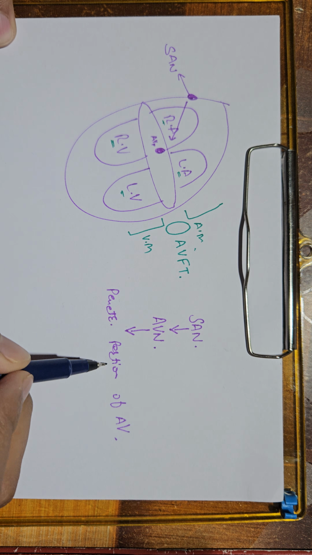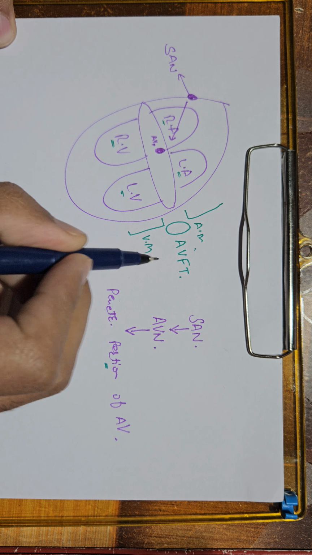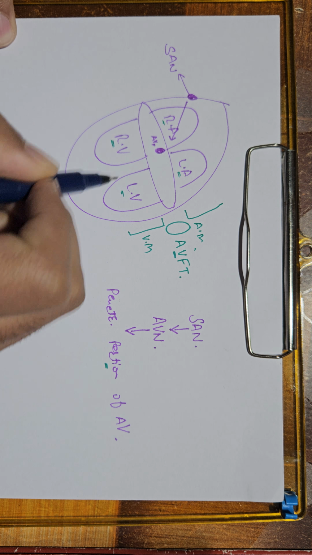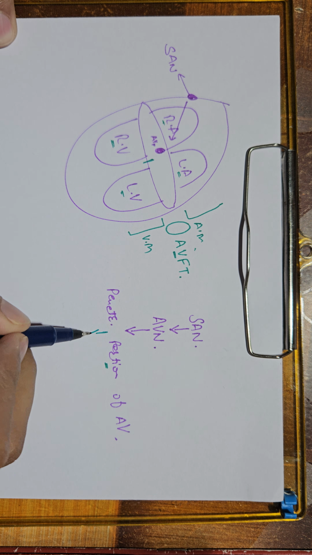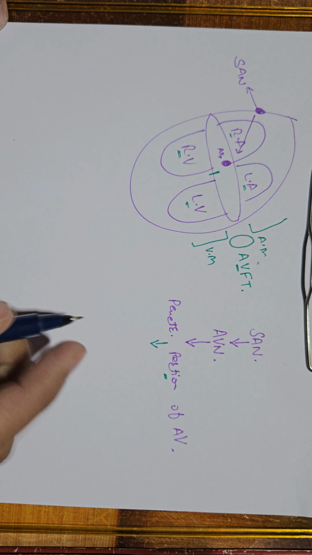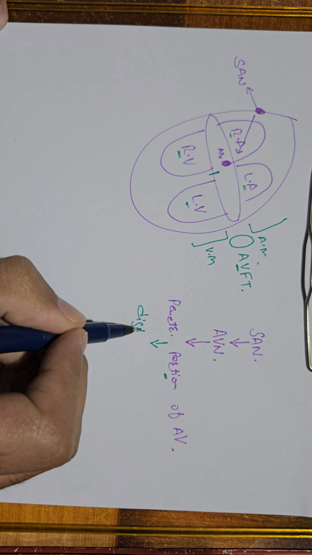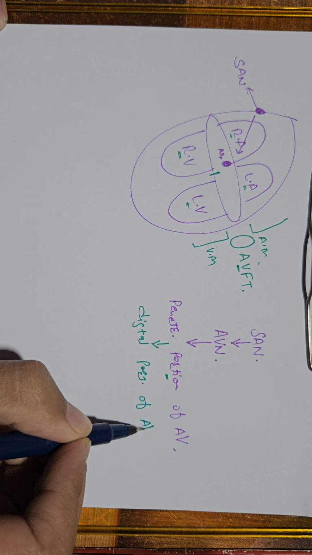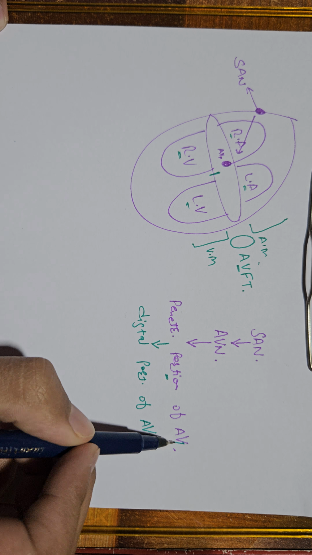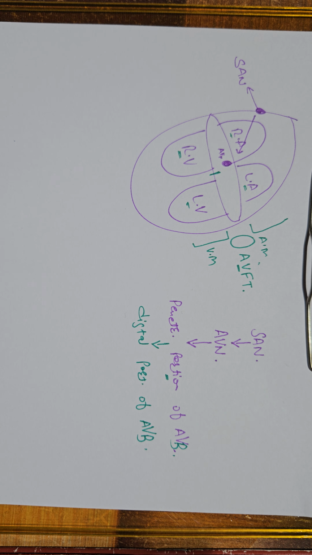The penetrating portion of the AV bundle penetrates this atrioventricular fibrous tissue. From the penetrating portion of the AV bundle, the impulses go to the distal portion of the AV bundle. This part of conduction we studied in the previous video. Now we are going to continue our discussion further on.